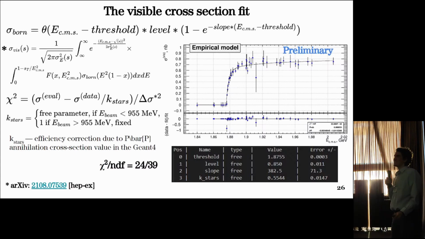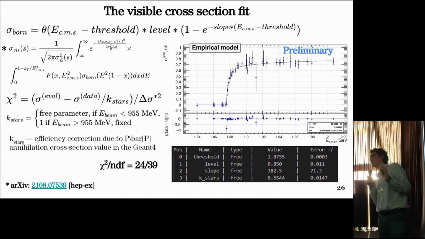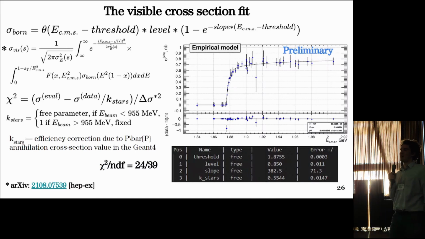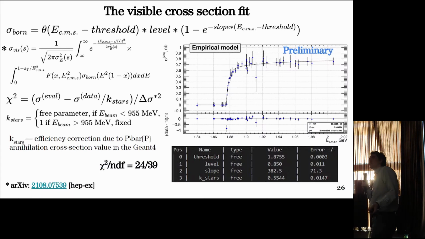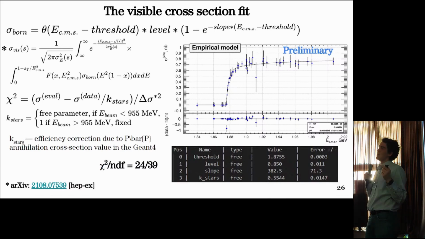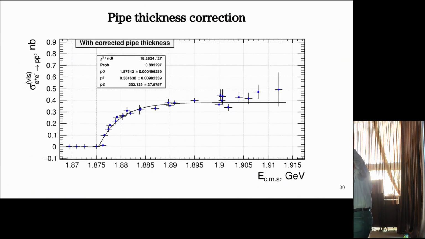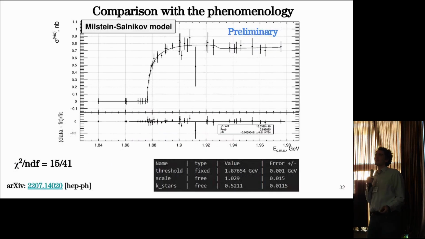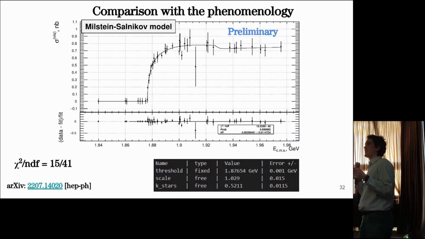Yeah, of course, there could be some underlying behaviors, some complex behavior, but we do not see it. Our resolution is not enough to see it. For that reason, we use simply an empirical model, but there are several phenomenological models, and I can show some preliminary results. They are not that good yet.